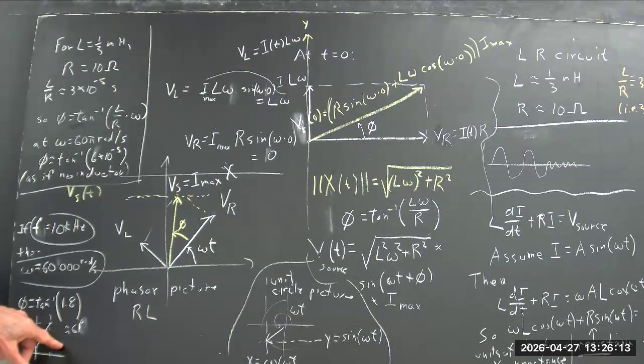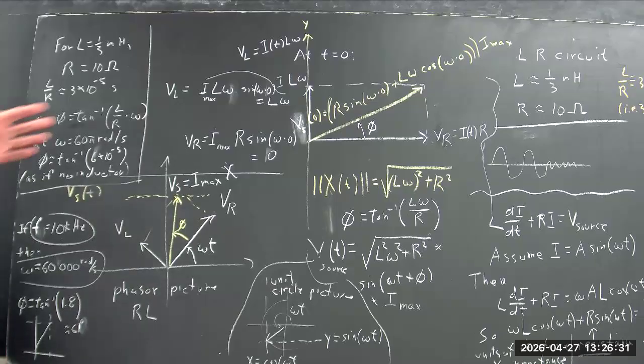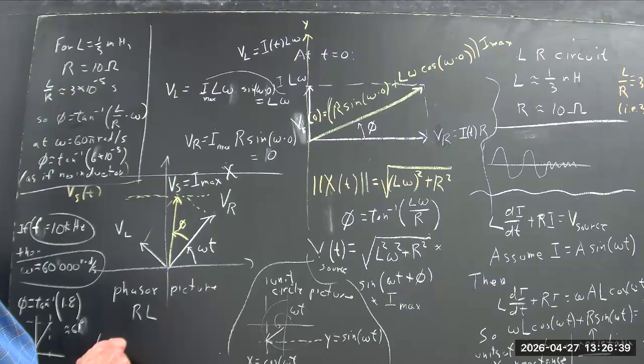Even with a 61 degree angle and the magnitude of your L omega, I could put that down, L omega is approximately 60,000 times a third of a milli.